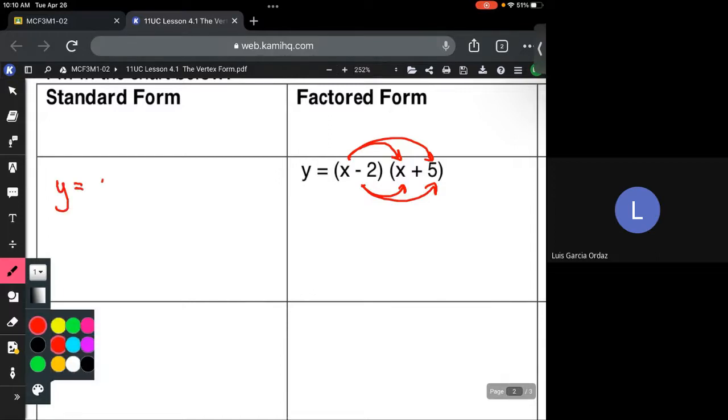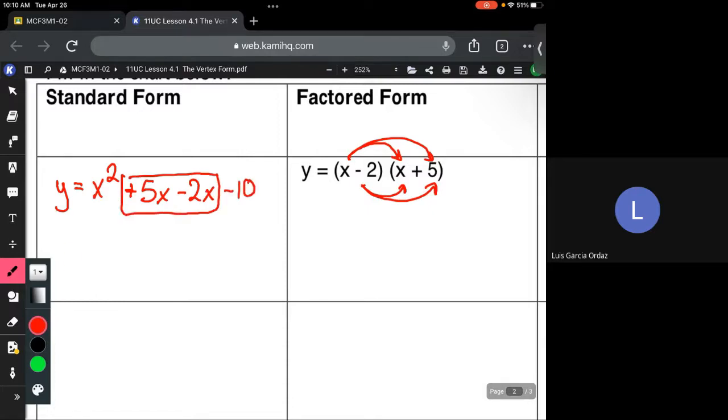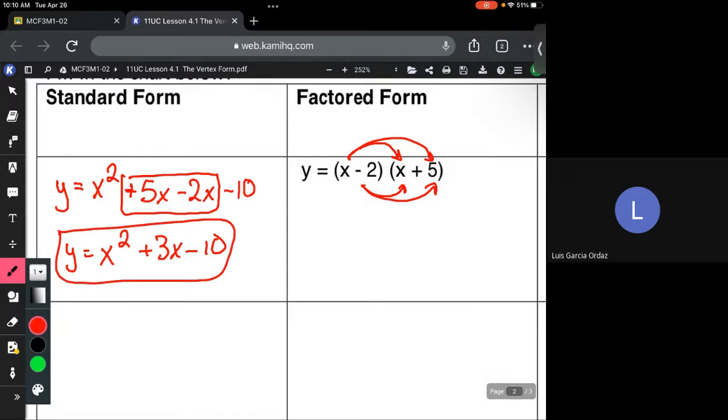X squared plus 5x, minus 2x, minus 10. Now our like terms are always in the middle. So what does it simplify into? Positive 3x minus 10. So this is what we call my standard form. So from factored to standard, just FOIL. That's it.